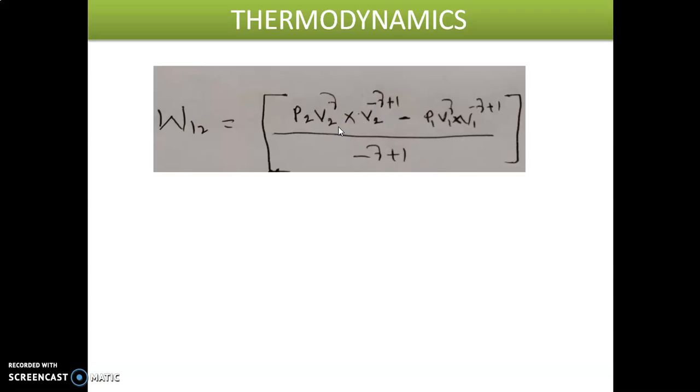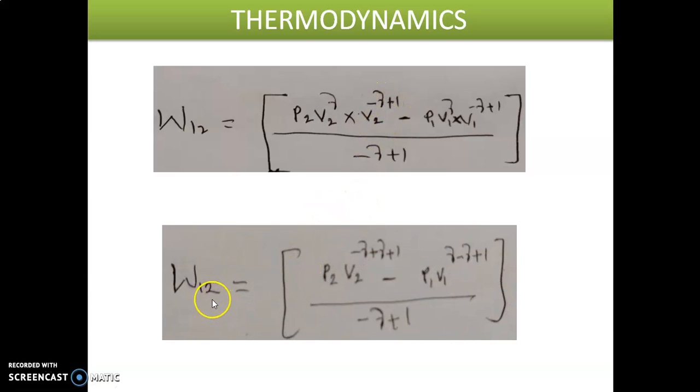By algebraic expressions, a to the power of m into a to the power of n is equal to, how can we write that one? a to the power of m plus n. Similarly here, V to the power of gamma into V to the power of minus gamma plus 1, we can write W1 to 2 process is equal to P2 V2 to the power of minus gamma plus 1 minus P1 V1 to the power of minus gamma plus 1, divided by minus gamma plus 1.